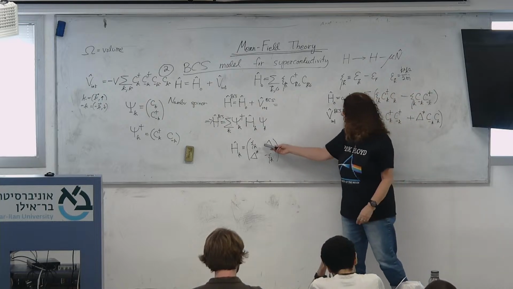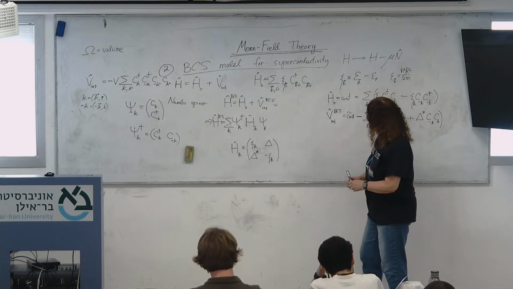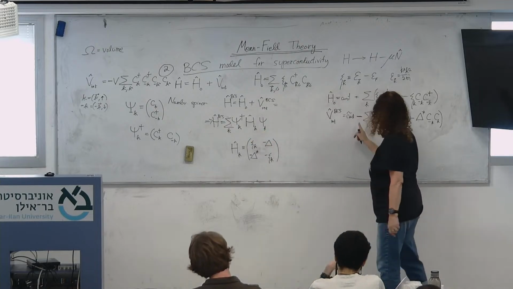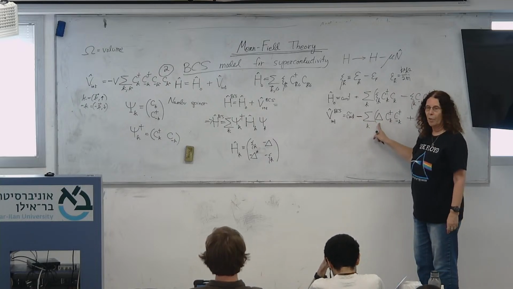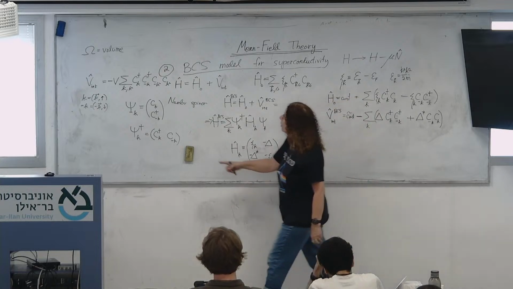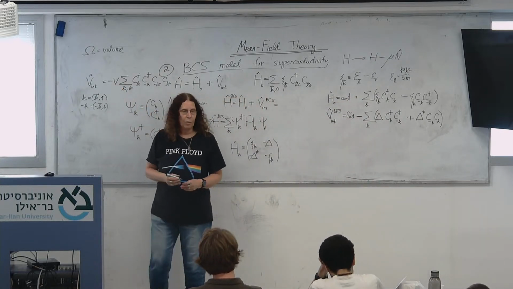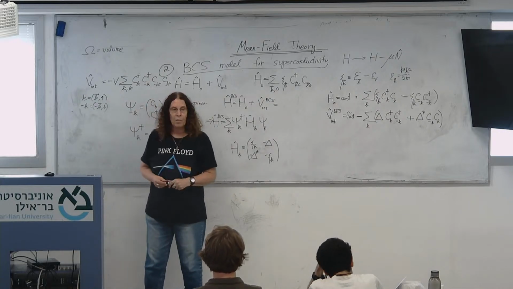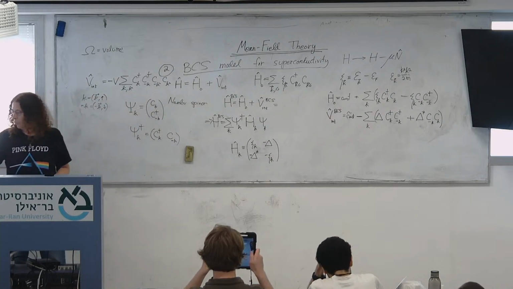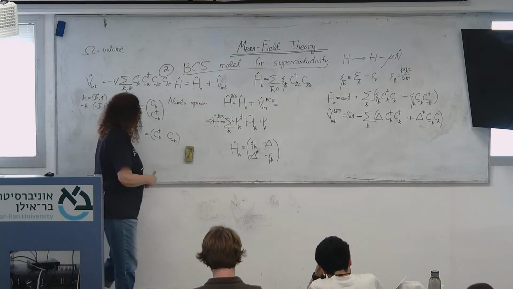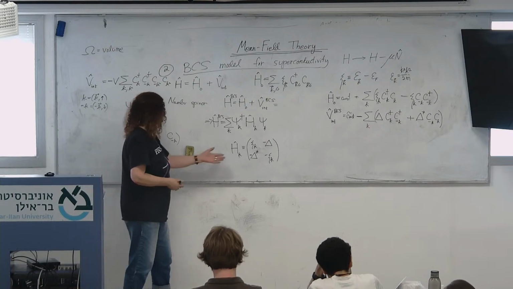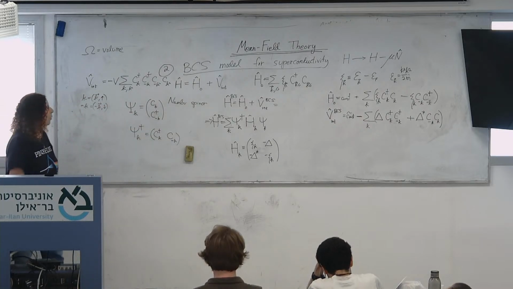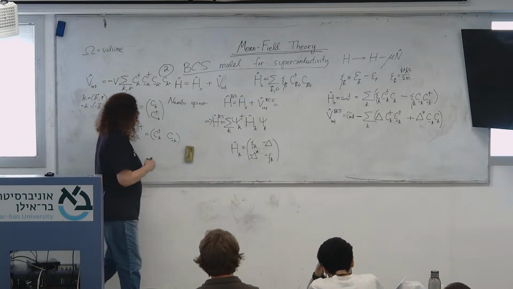Okay, and by just some algebra, actually, to be more precise, there is a minus sign here because this is the way I define delta was without the minus sign that comes in the original attractive interaction. It's a matter of definition. This is it. That's the Hamiltonian. Okay, and it's a 2 by 2 matrix, great. We can diagonalize it. For each k, we can diagonalize it, it's very convenient.